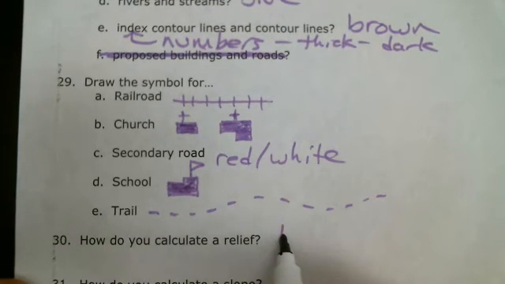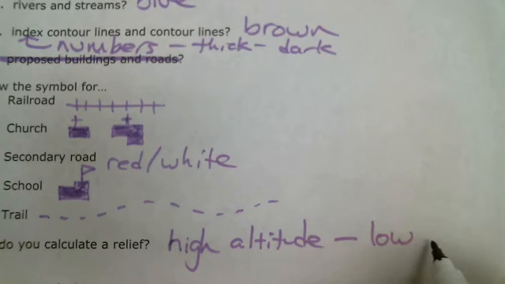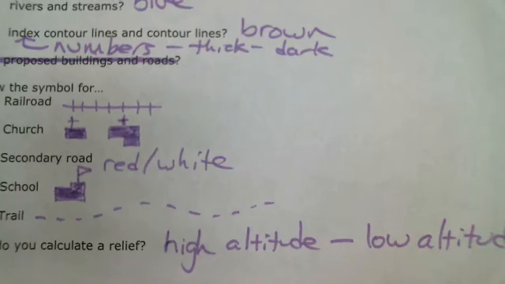How do you calculate relief? Relief is the difference in altitude between two places. So to find the relief, you take the high altitude and you just subtract off the lower altitude. The high place minus the low place.